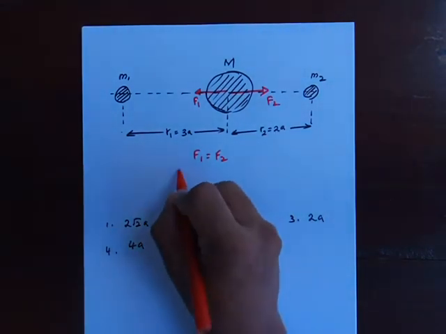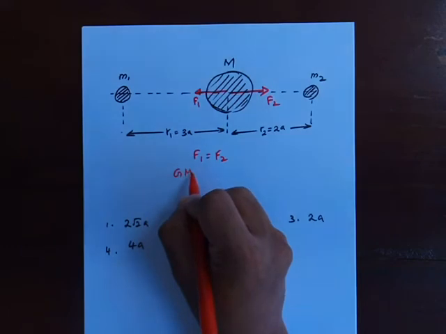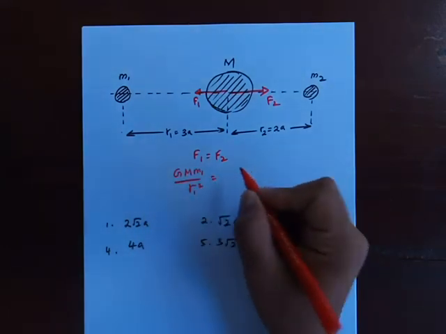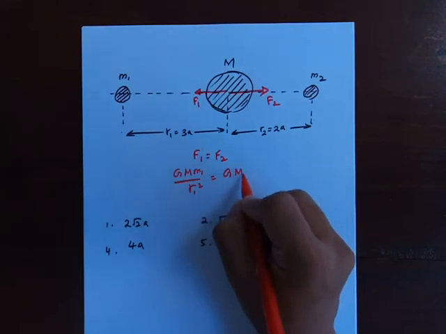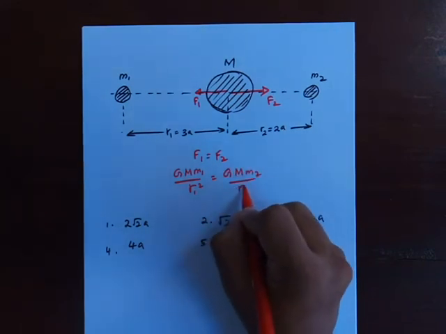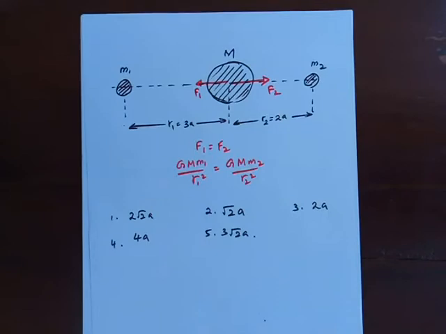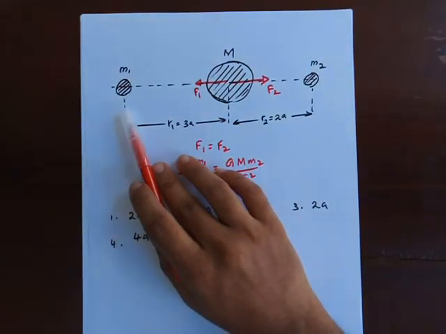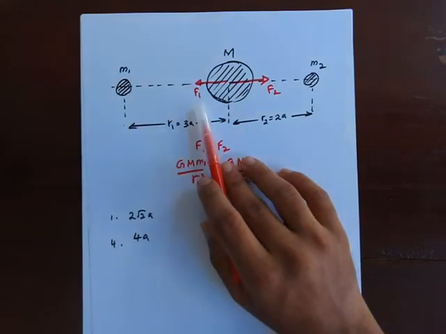So I can write G M M1 over R1 square is equal to G M M2 over R2 square. Now this mass is doubled. If this mass is doubled, what happens? This force also increases twice.